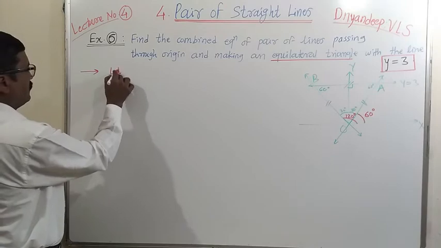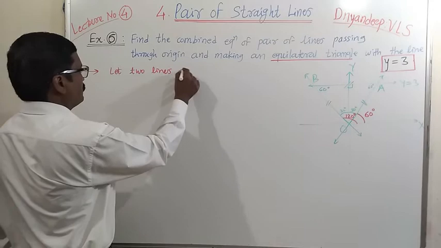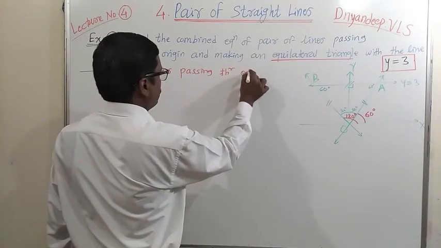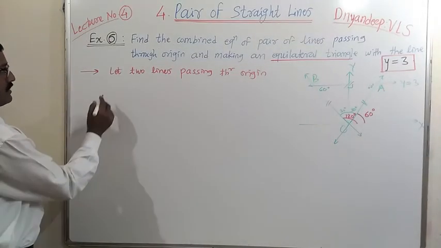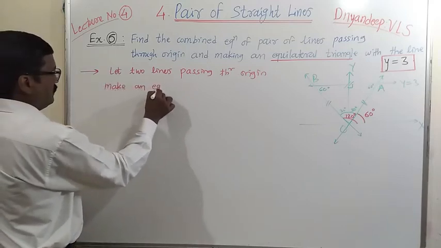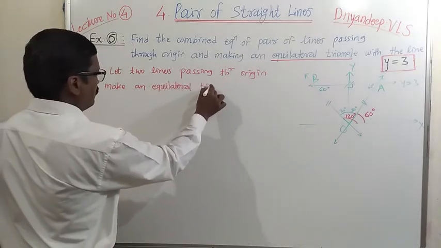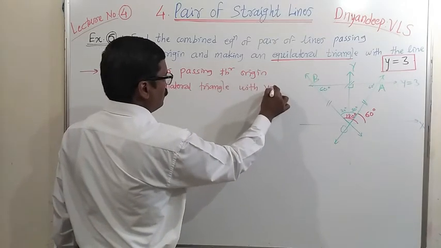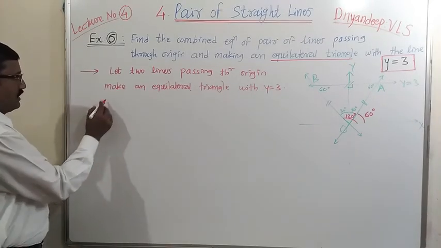Let two lines passing through origin make an equilateral triangle with y = 3 as shown in figure.